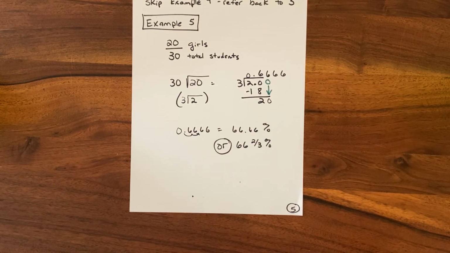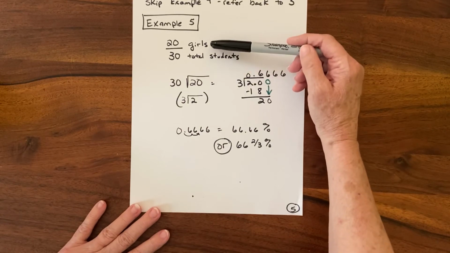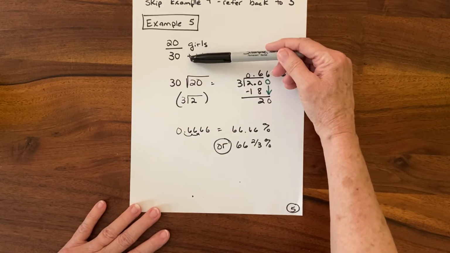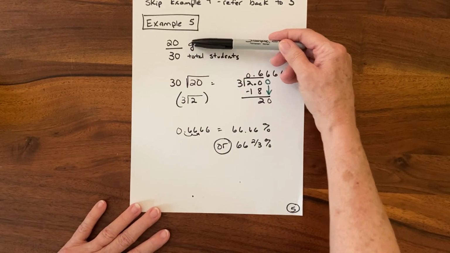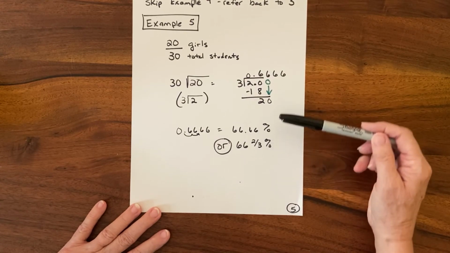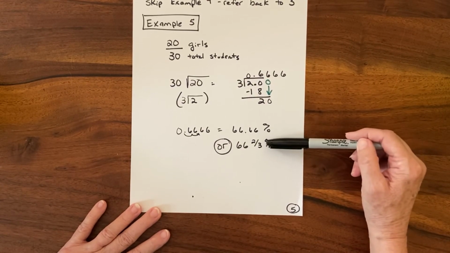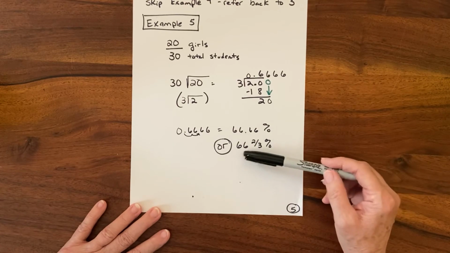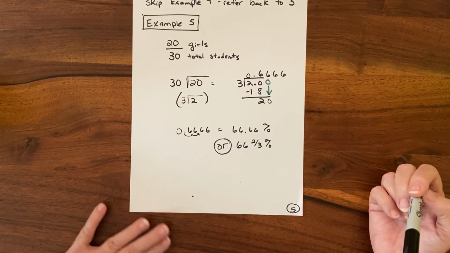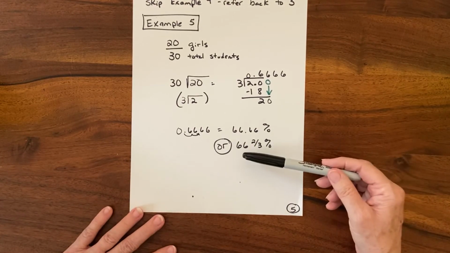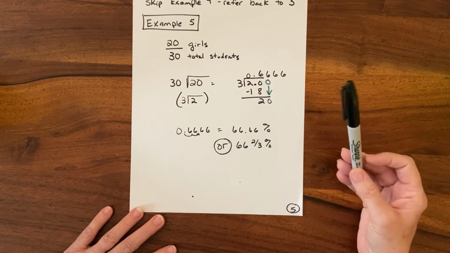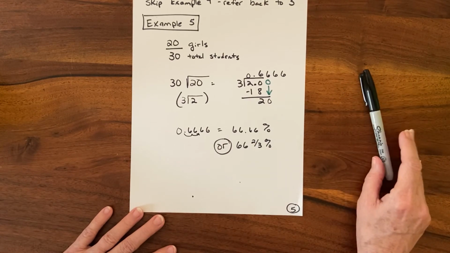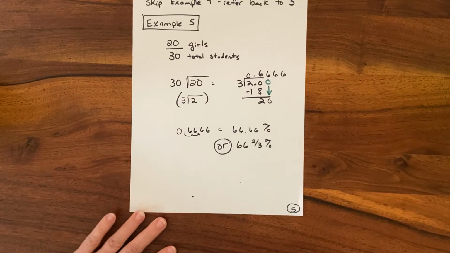If you think back to our example, if you have 30 students, 20 of them are girls, what this is telling me is if I had 100 students, so out of 100, that percent sign, 66 and 2/3 of them would be girls. So I'd have a very short girl or something for the 2/3.